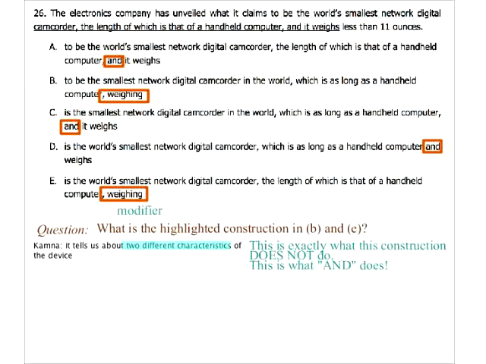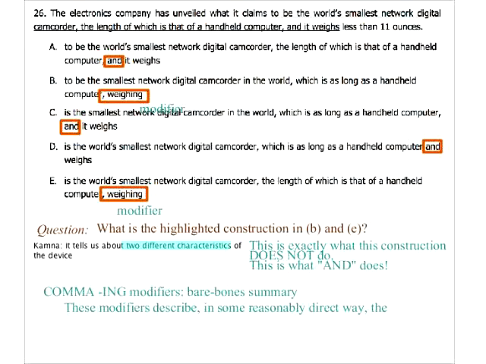Comma ing modifiers, what they do is to make a very long story very short. So like a very bare bones summary, without launching into a huge discussion about them, is these modifiers describe in some reasonably direct way the previous action, which is also the same as saying that they talk about the previous clause.